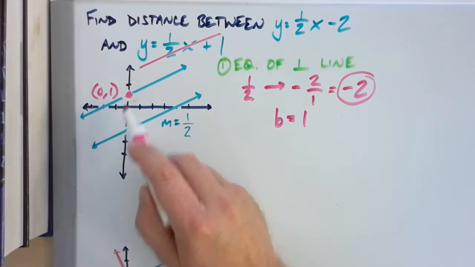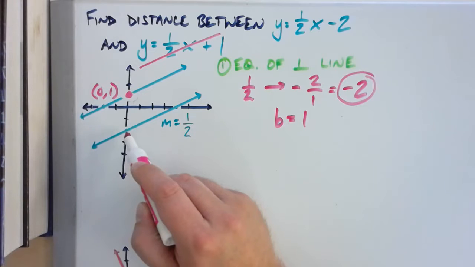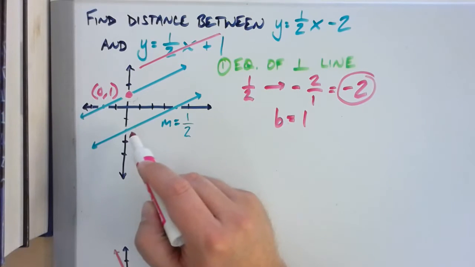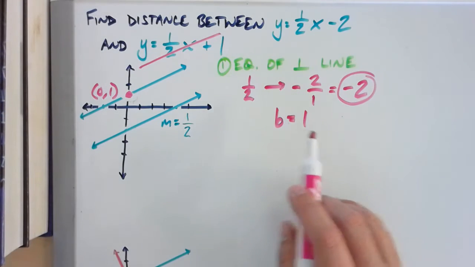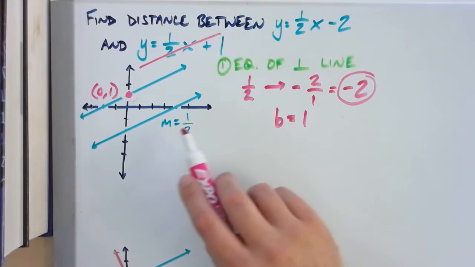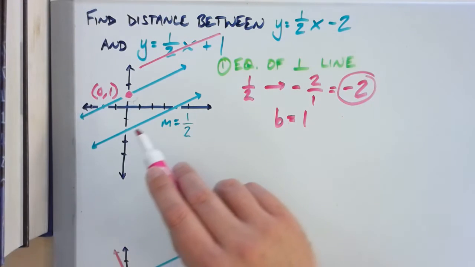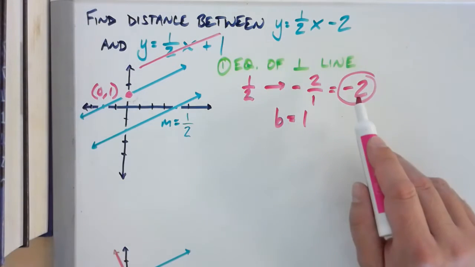Now, had I chosen the other y-intercept, say I chose the y-intercept in this line, my y-intercept there would be negative 2, and that would change the format a little bit. But to describe what just happened, I found the slope of the line I'm going to be measuring to, and I converted that to its perpendicular slope.